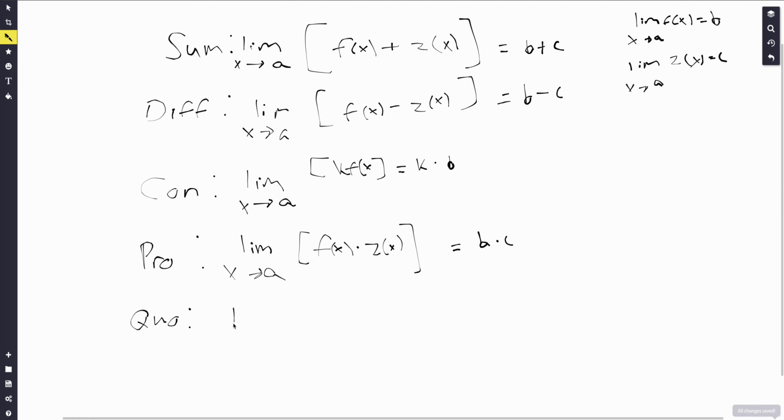That's the limit as x approaches a of f of x divided by z of x is equal to b divided by c. These are the main rules you guys would need to know for limits if you ever need to solve for them. But let's get into solving limits algebraically and using a table.